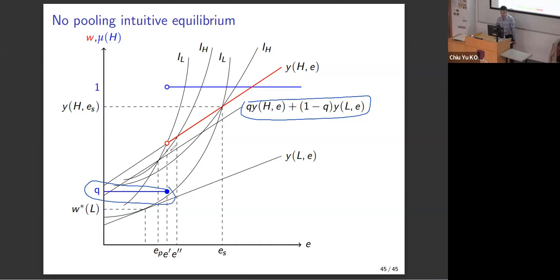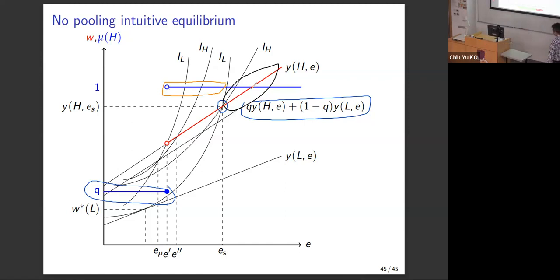Remember, before we do that, this is here, right? Before that, we only have this guy, maybe. And what the intuitive criterion adds here is this particular guy. So let's see what it is actually doing here.